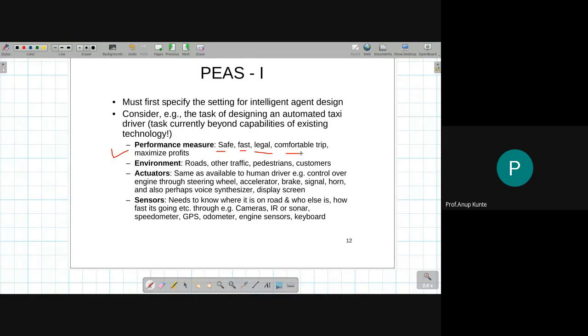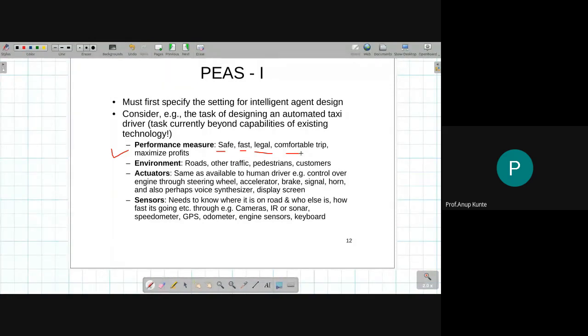What could be the actuators? You could think of numerous kinds of actuators, and depending on the level of detail at which you view this autonomous taxi, your actuators and sensors would be different.